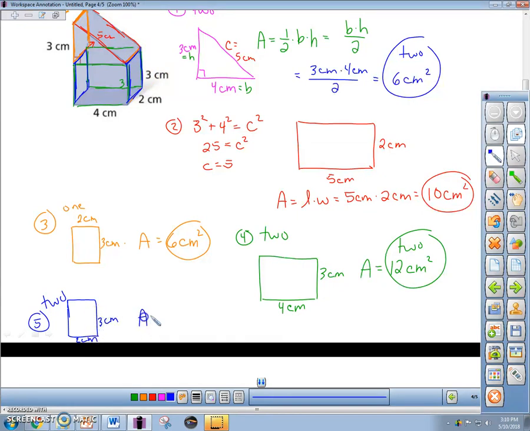So each of them has an area of 6 square centimeters, and we have 2 of those. So you can see keeping your work organized is helpful here. The one thing we now still have to do is the bottom. The bottom is considered an outside surface, so we find the area of the bottom rectangle.